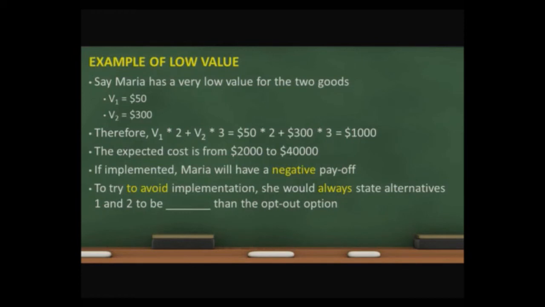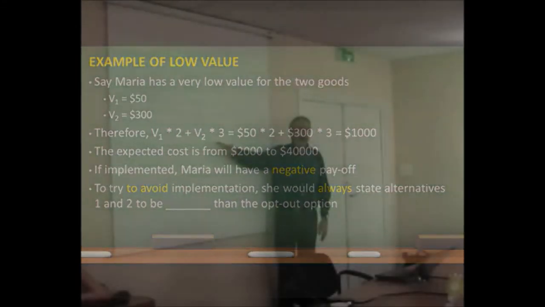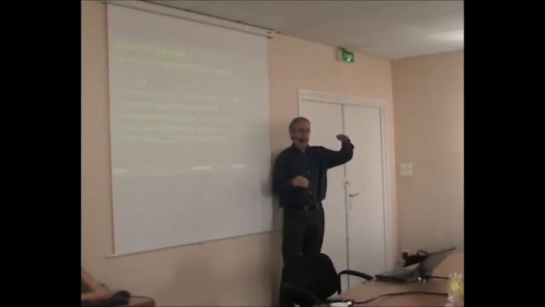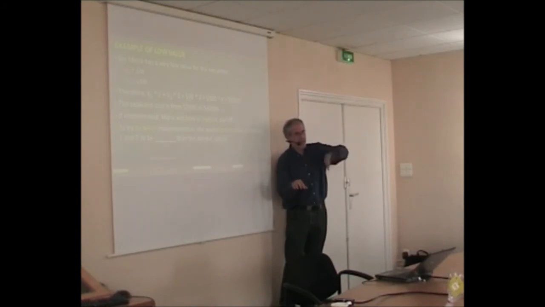Worse. Okay? So if you say those alternatives are worse than the status quo, then the status quo is better. So the alternatives are too expensive. We don't want them. Okay, too expensive. So this would decrease the marginal values we estimate.